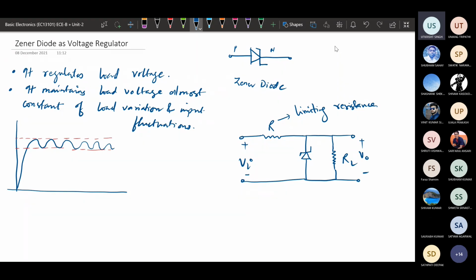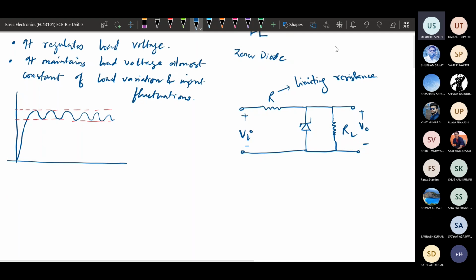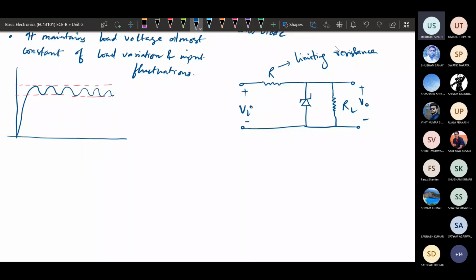Based on the variation in the input voltage and the variation in the load resistance, these two parameters can vary in this configuration. The voltage across this diode will be constant, and we need to have the output voltage constant, but the parameters RL and V input will be the varying parameters. So based on these two variations, we have two terms that are defined.